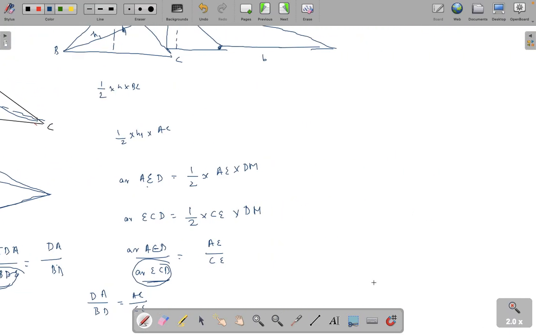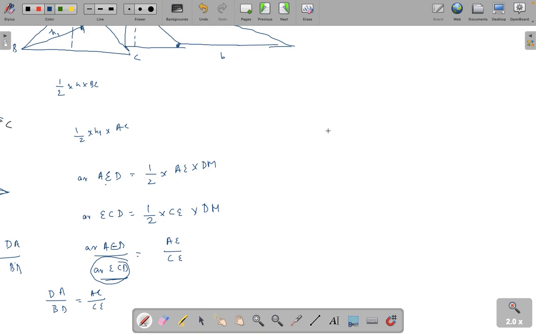Now see, the theorem which says triangles that lie between the same base. So this is one base, right?